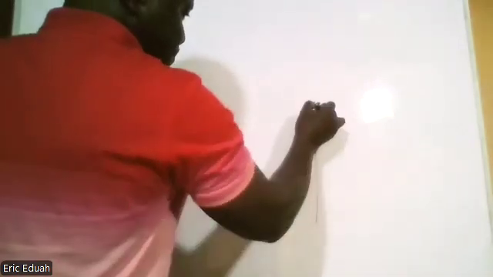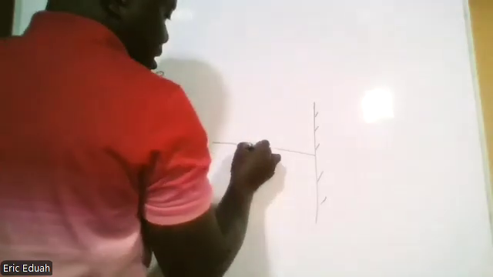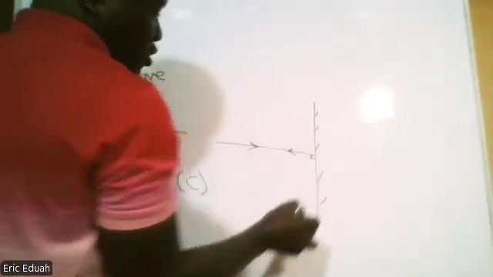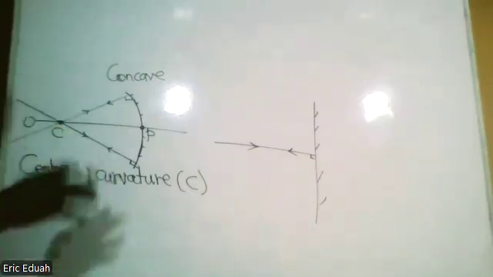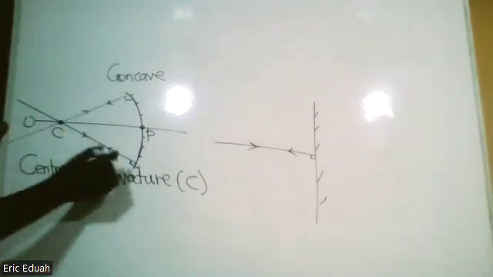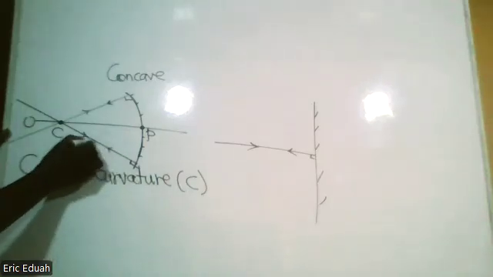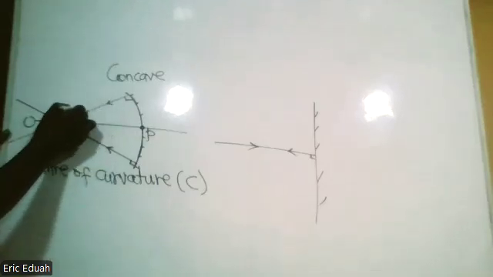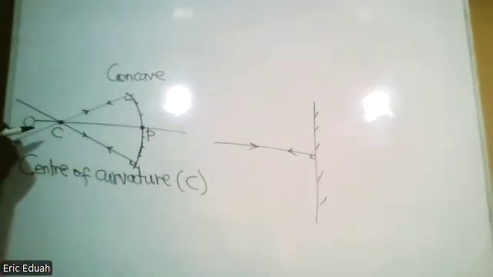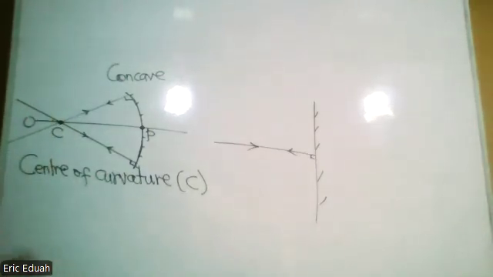Irrespective of wherever the ray is coming from, up or down, the moment it is incident on the mirror at an angle of 90, it will reflect along the same path as the incident ray and pass or converge at a point on the principal axis. And this point is termed the center of curvature of the mirror.